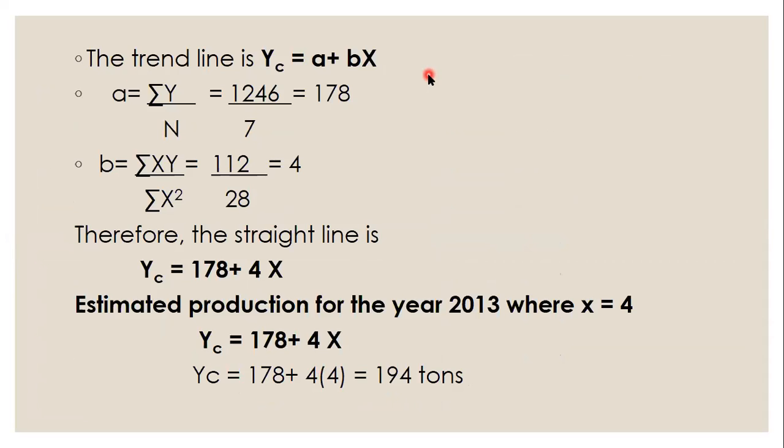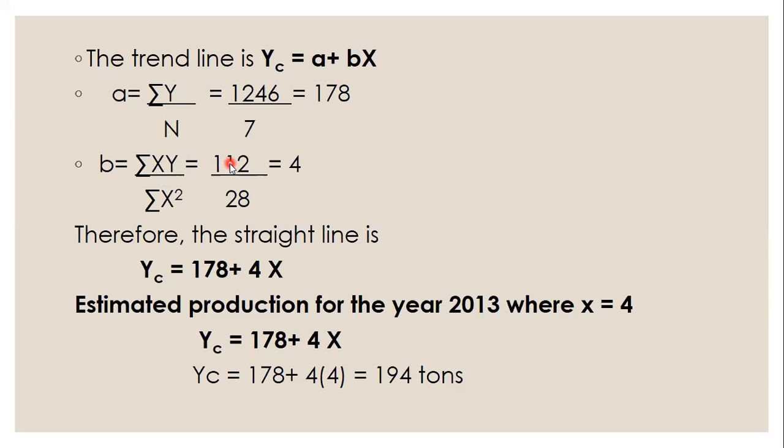Now here is the trend line that we are supposed to fit for this equation. So trend line is equal to A plus BX. So A is equal to sigma y by n. I told you 1246 by 7 is 178. Then B is equal to sigma xy by sigma x square.